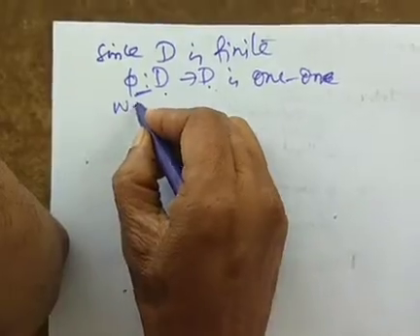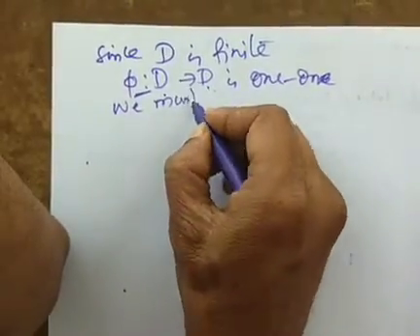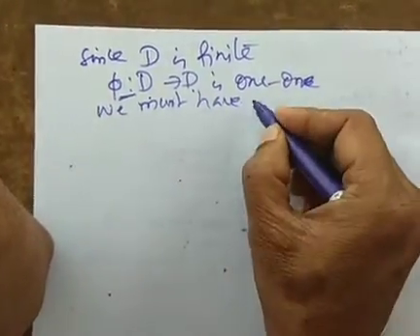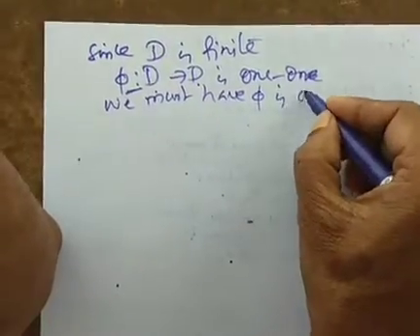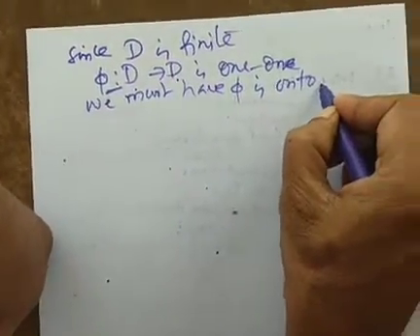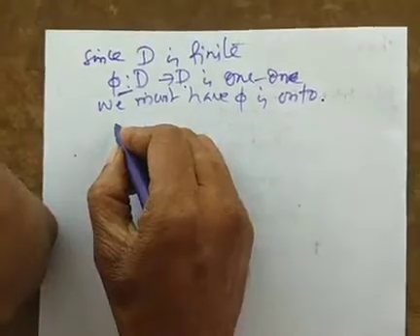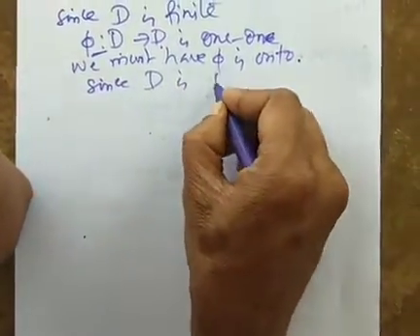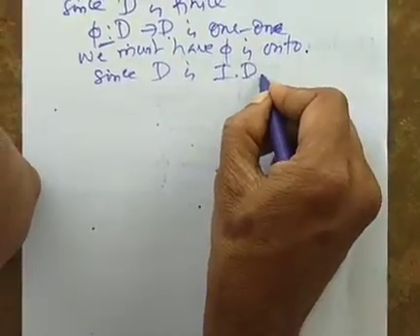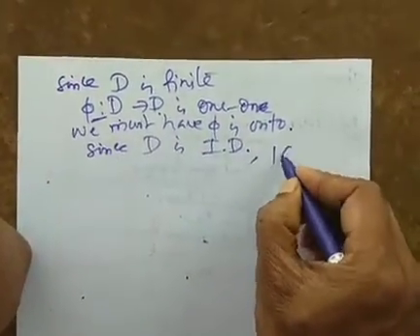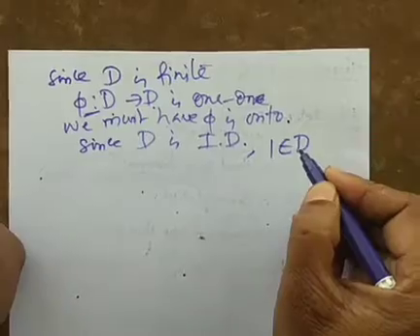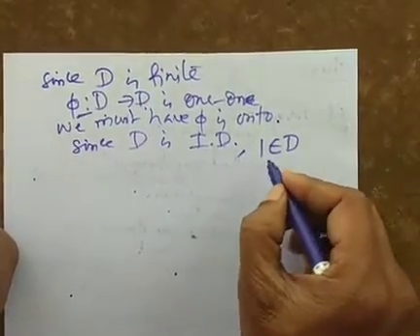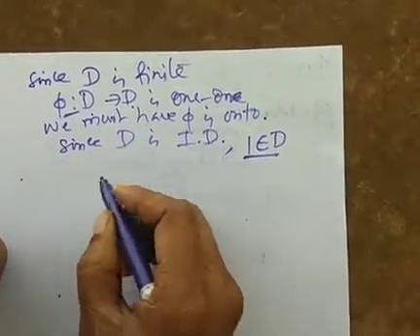Therefore pi is onto. Also, since D is an integral domain, we know D has a unity element, therefore 1 belongs to D.